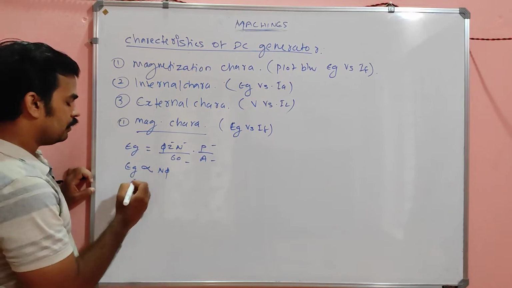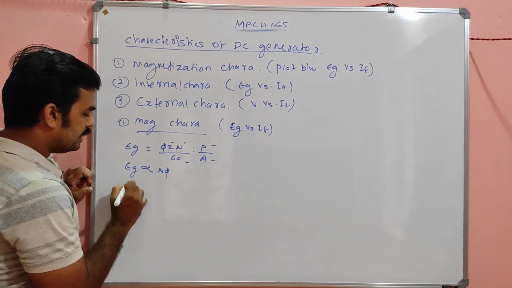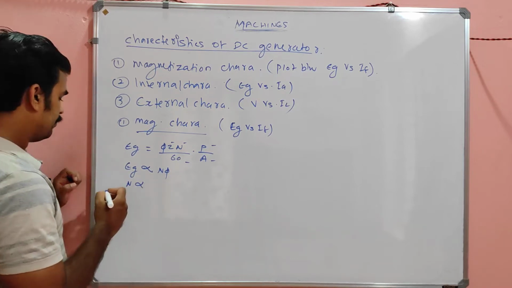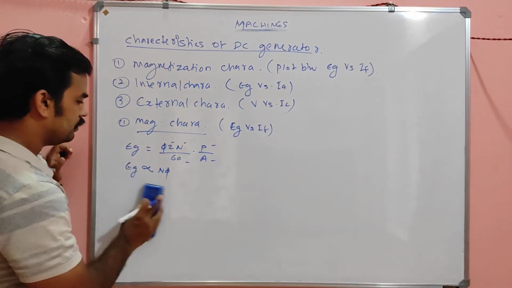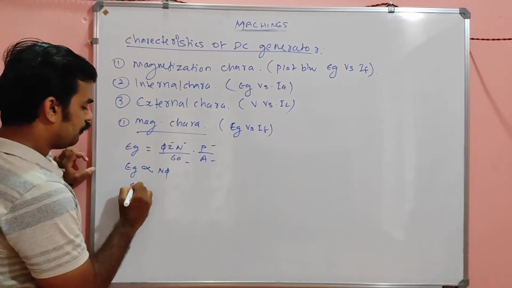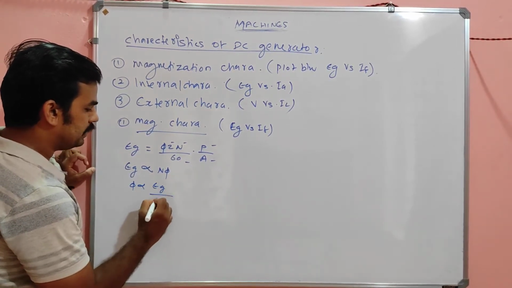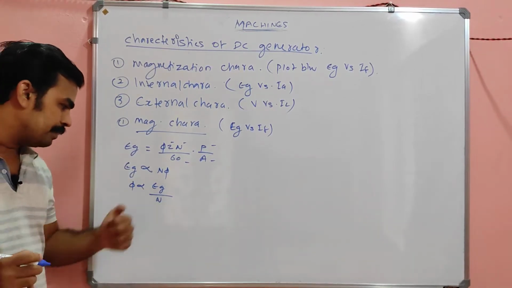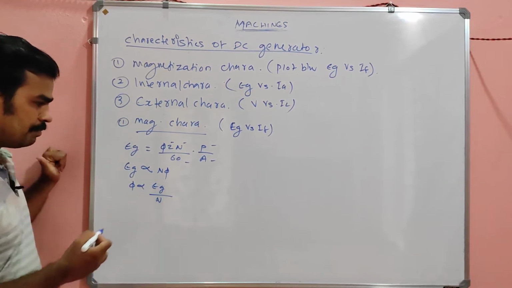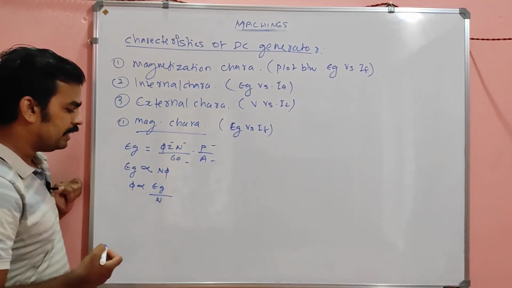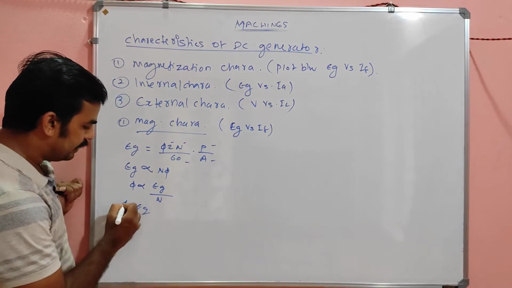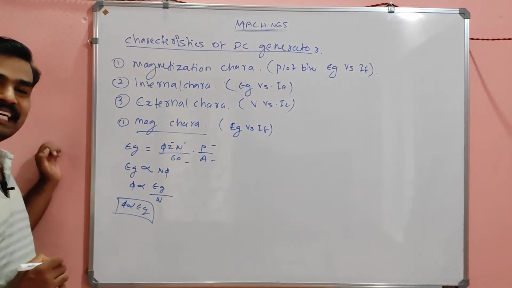Or I can say that phi will be proportional to Eg by N, correct? From this equation, phi will be proportional to Eg by N. So phi is proportional to Eg, my dear.